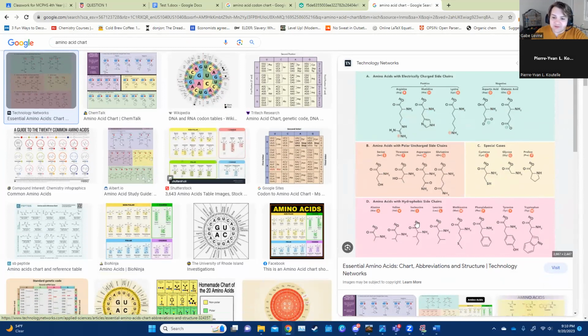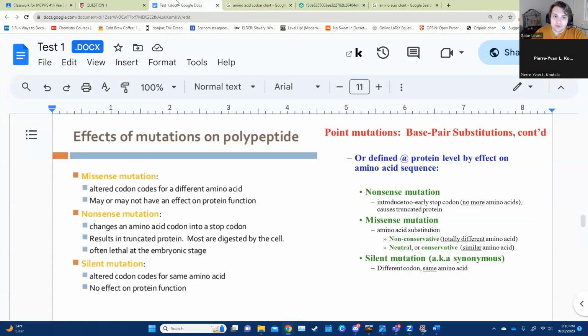An example of this would be going from valine to proline, or to lysine. So conservative is a similar amino acid, and non-conservative is a totally different amino acid.